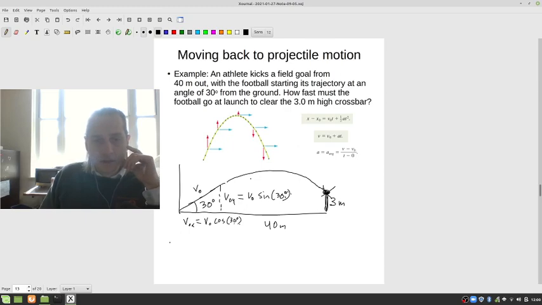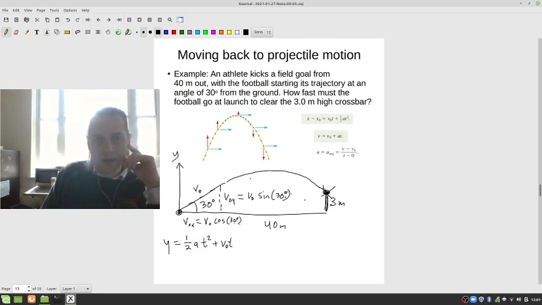But you'll notice in the y direction, I have y equals 1/2 a t squared plus v naught t plus y naught, but let's just pick our coordinates so that y naught is 0.